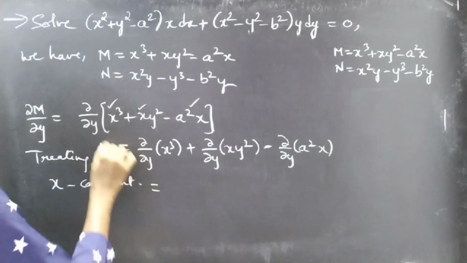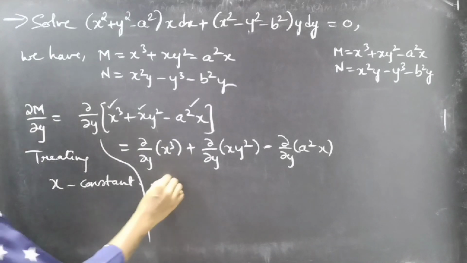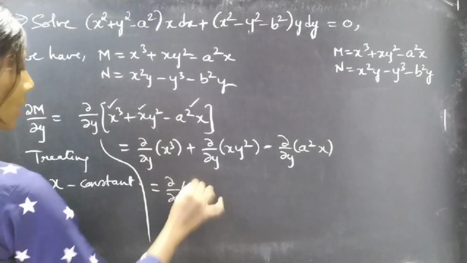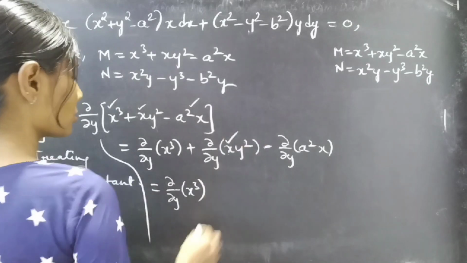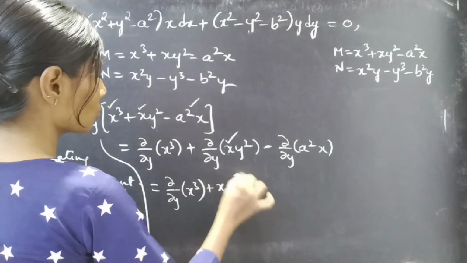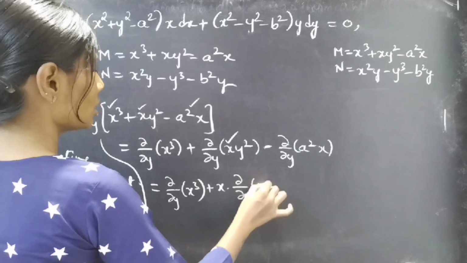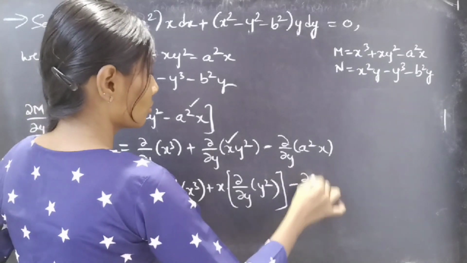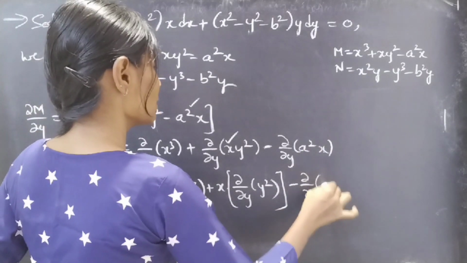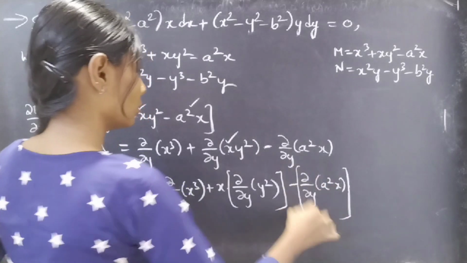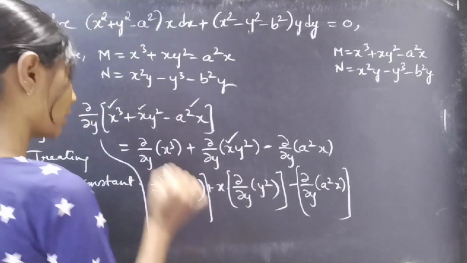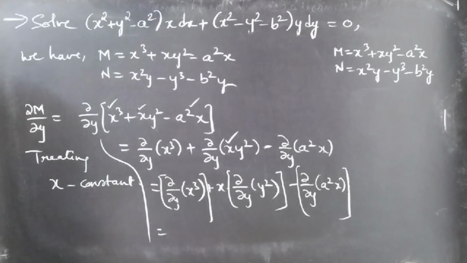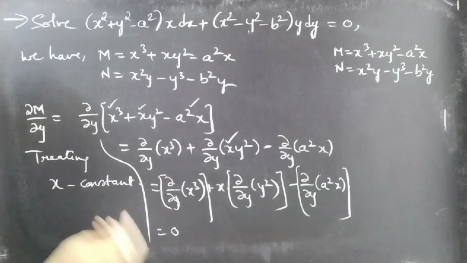This equals ∂/∂y of x³. Here x is constant, so we can write the second term as x, which is constant, into the derivative of y². Minus, both are constant, so just write as it is. The derivative of a constant with respect to y is 0. Since it is a partial derivative with respect to y, we'll treat the remaining variables as constant.